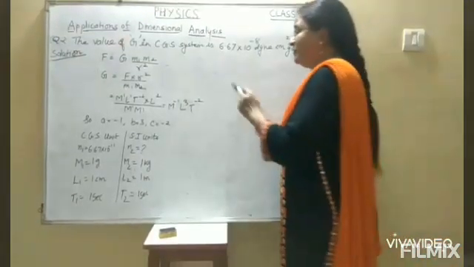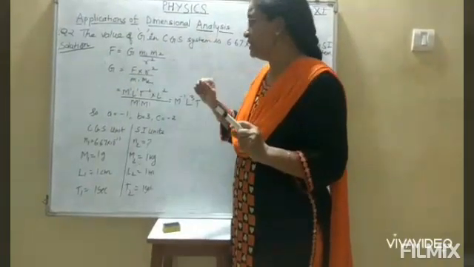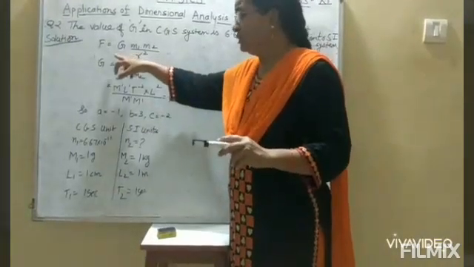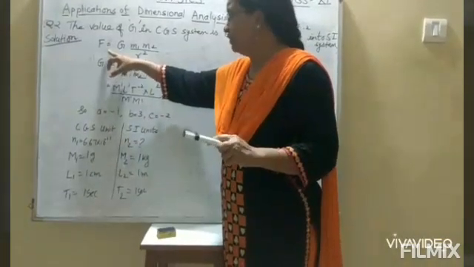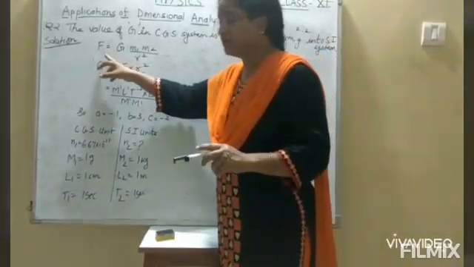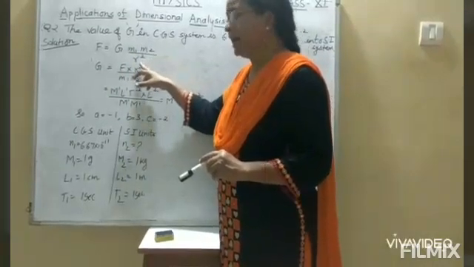Now first of all we have to calculate the dimensional formula of capital G. So how can we calculate it? See the solution. As we know the formula for the universal gravitational constant, that is F is equal to G m1 into m2 upon r square.